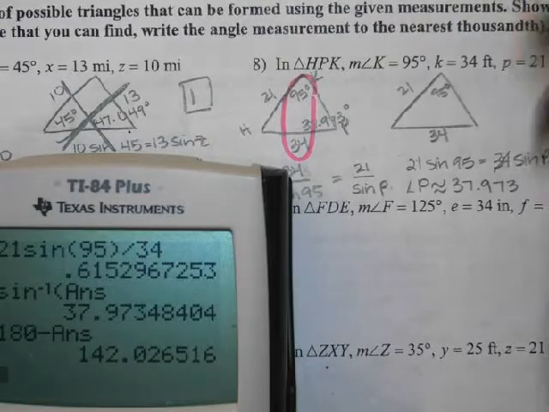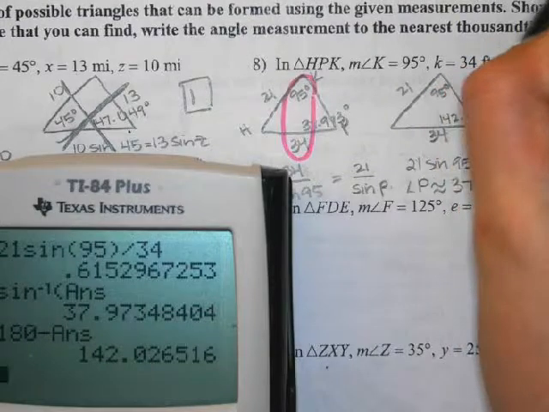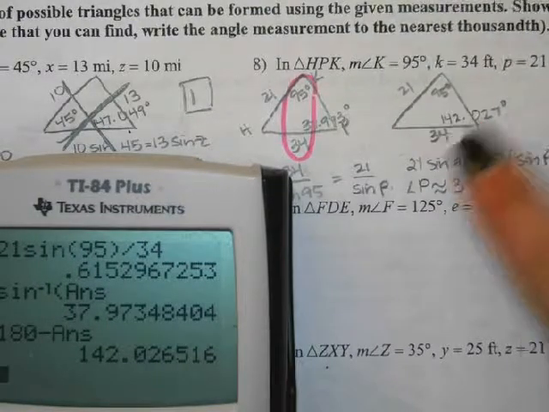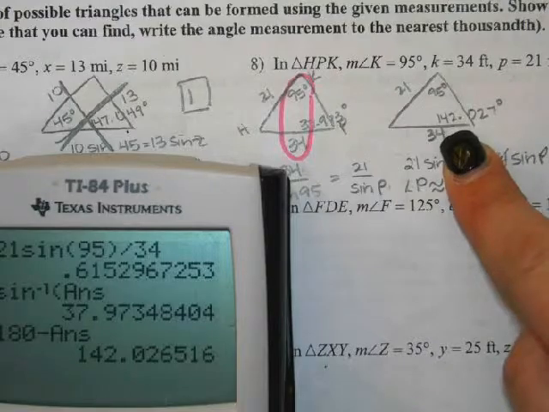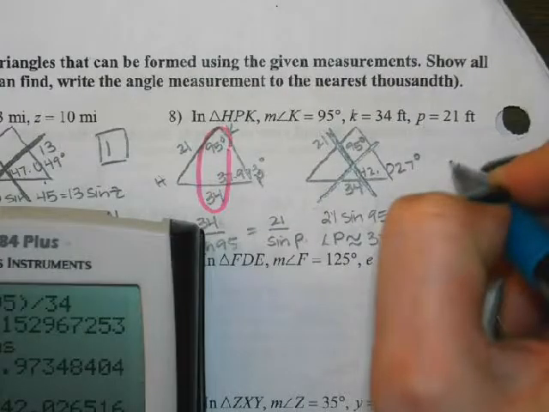And I get angle P is 142.027. That definitely doesn't work. That's way too big, right? 95 plus 142 is definitely over 180. All right, so how many triangles does this one have? Just one.